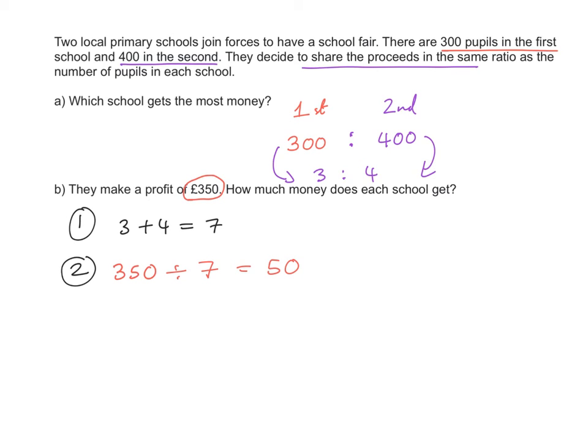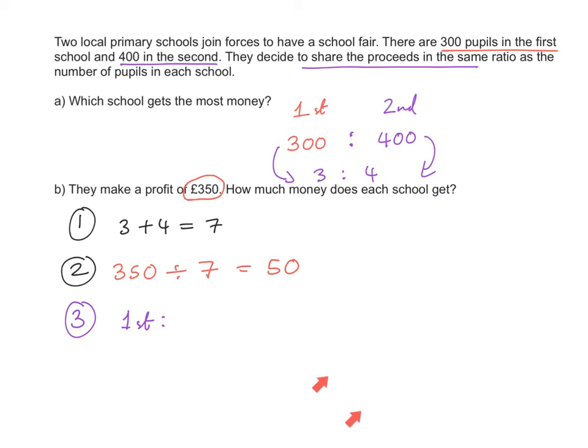Now, the last step, step 3. What does each school get? Well, the first school, we need to multiply its ratio by the amount that we've worked out here.